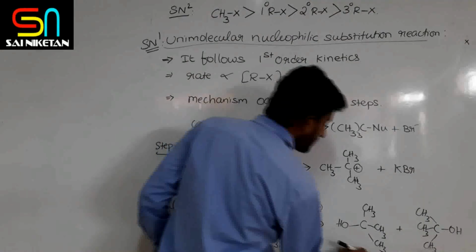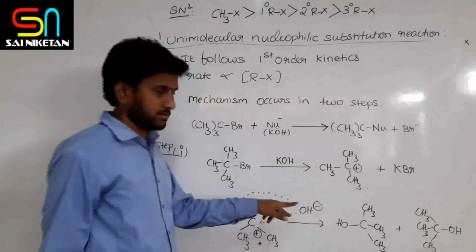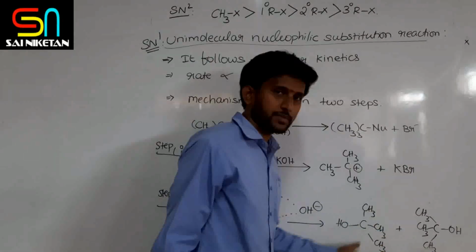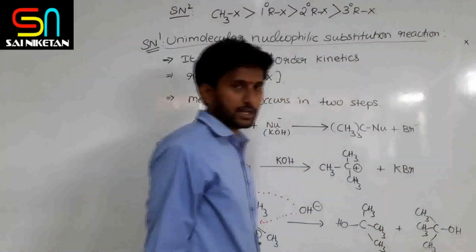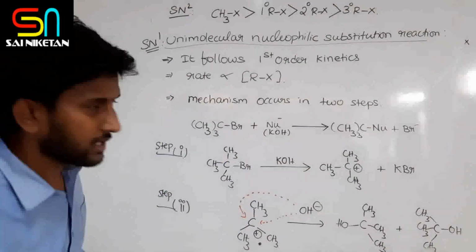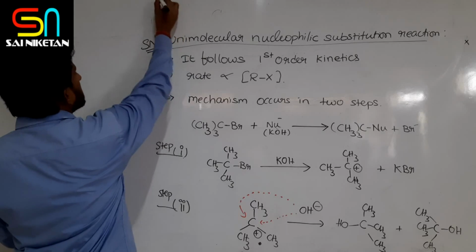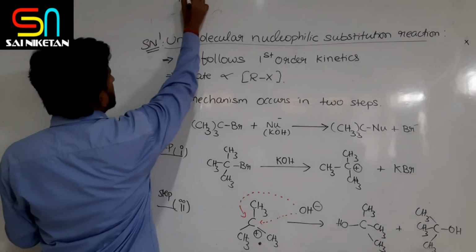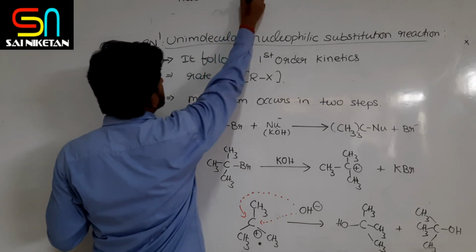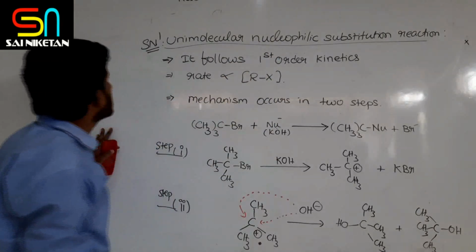That means you are getting an equimolar mixture, two types of stereoisomers in equal ratio. So that's why we say in the SN1 mechanism, racemization takes place, or a racemic mixture is obtained.